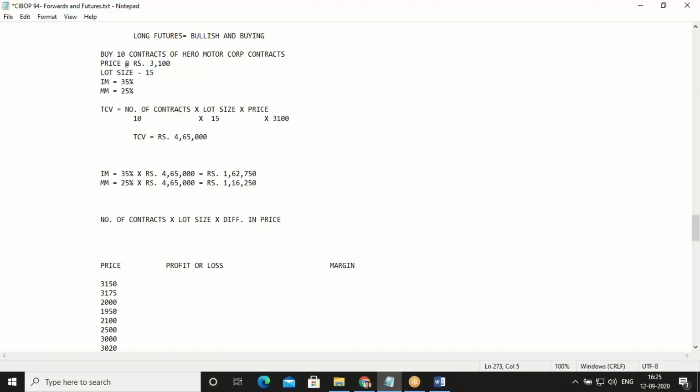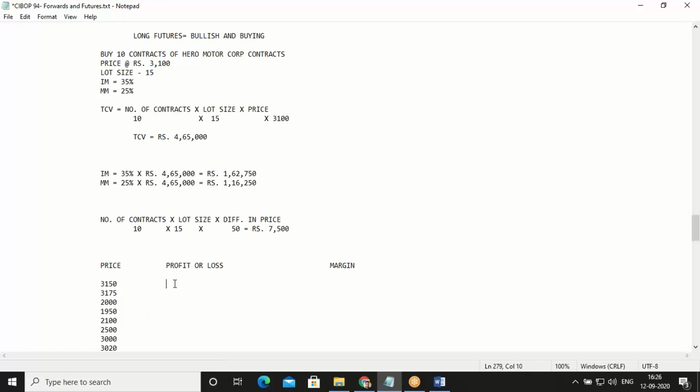Again, a small formula here. Number of contracts is 10, lot size is 15, and difference in prices is 50. So if we multiply that out, how much do we get? 7,500.